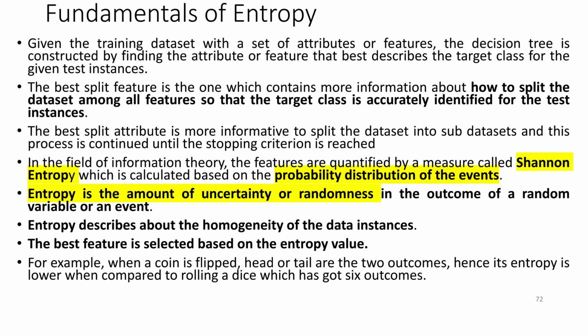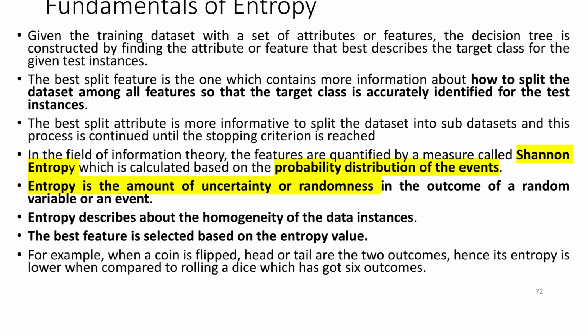For our study of this decision tree, a concept is borrowed, that is Shannon entropy, which is calculated based on the probability distribution of the event. So entropy is the amount of uncertainty, the amount of randomness in the outcome. When you toss a coin, there is a guarantee that either head will come up or tail will come up.